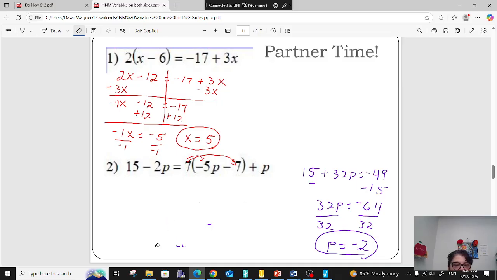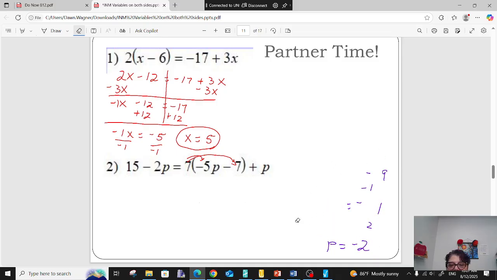For those who are still struggling with number 2, the first step is to do the distributive property, okay? I make it look easy because I've been doing this for a long time, so it's definitely going to need practice.